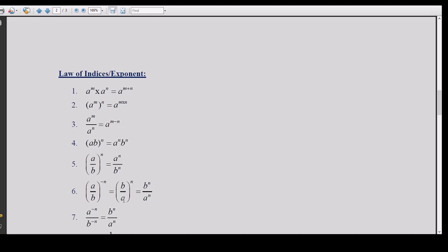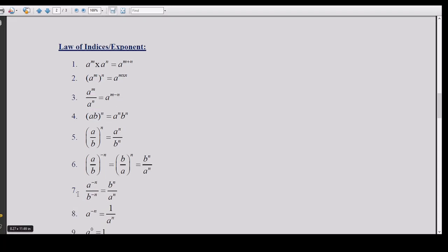Why? Because a^n, if you take this number to the numerator, this n will become minus. It will be a^(-n). Clear?